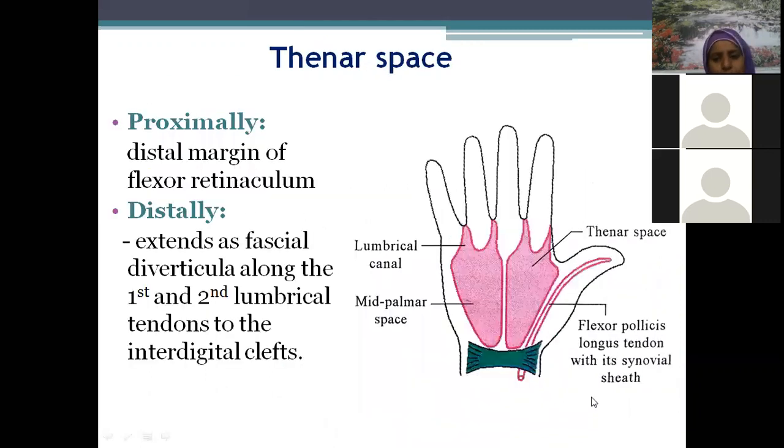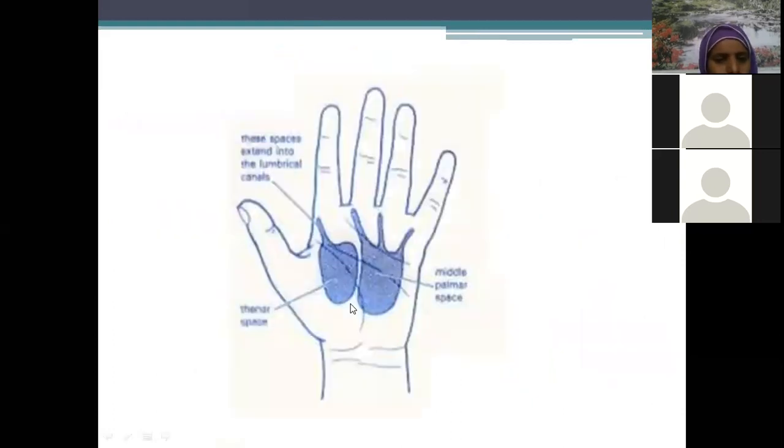Proximally, it is the flexor retinaculum. Distally, we have guessed it must also be a diverticulum, the fascial diverticula along the first and second lumbricals. There it was third and fourth; here it is first and second. Is it clear? Yes, ma'am.